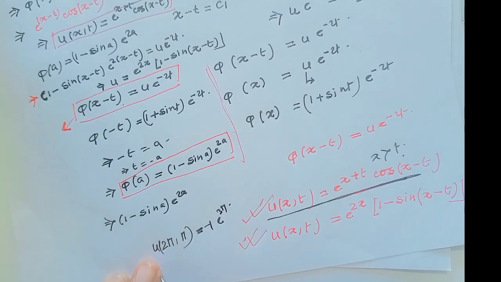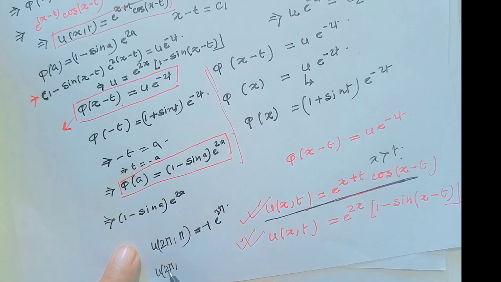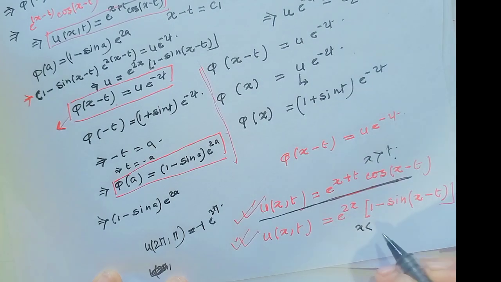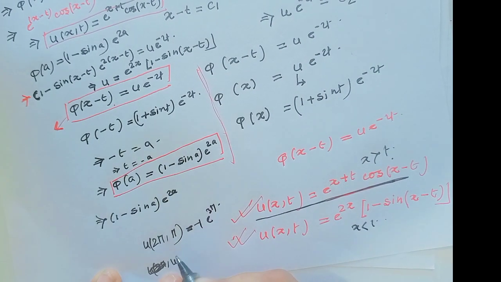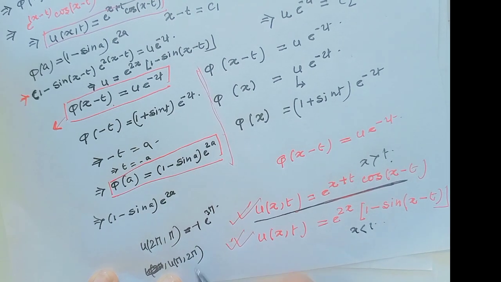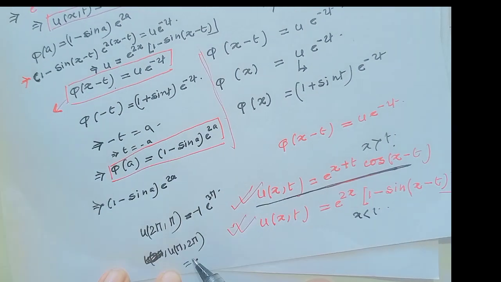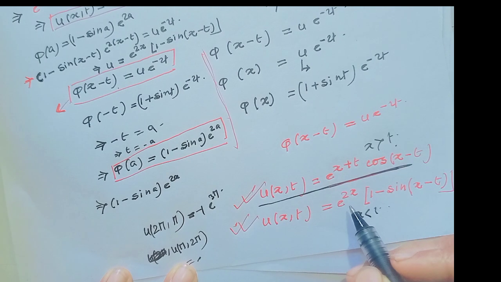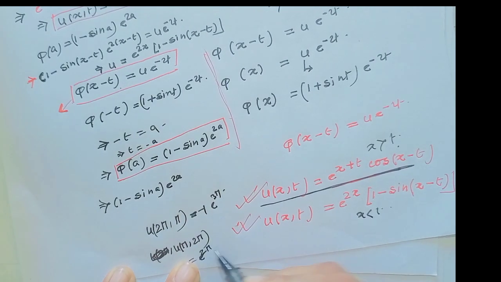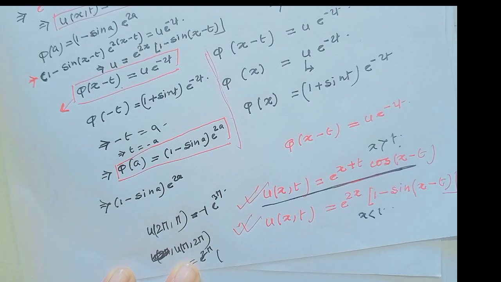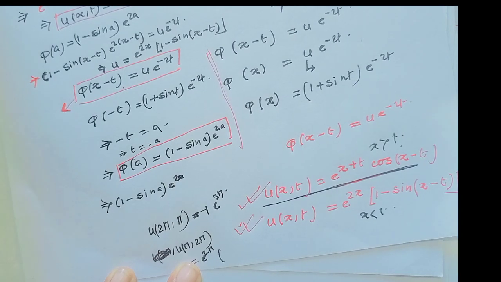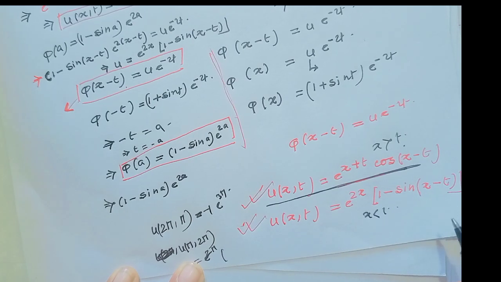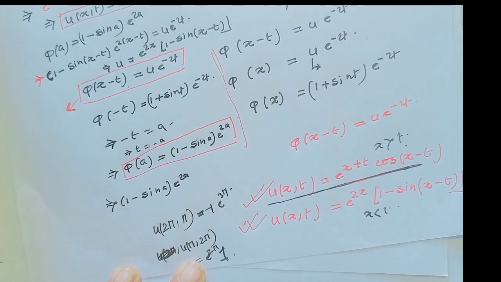And for this, since x less than t, here would be the value for u(pi, 2 pi), that means e to the power 2 pi, and here pi minus 2 pi means minus sin pi, and sin pi is always 0, that means this value is e to the power 2 pi.